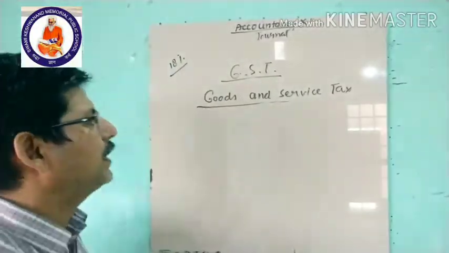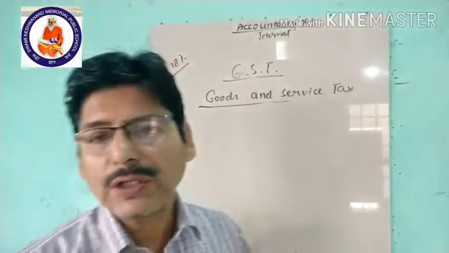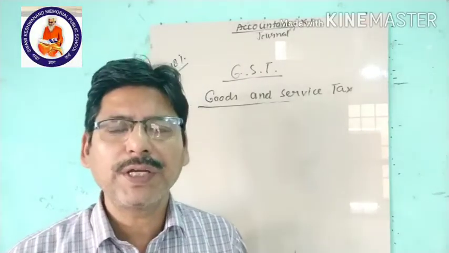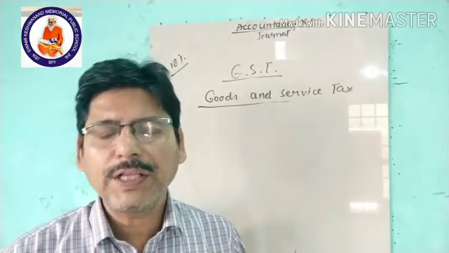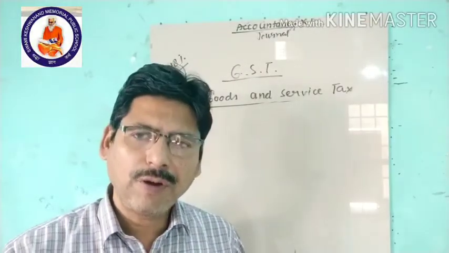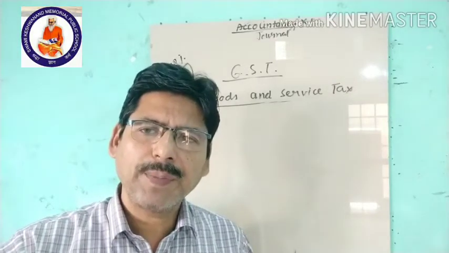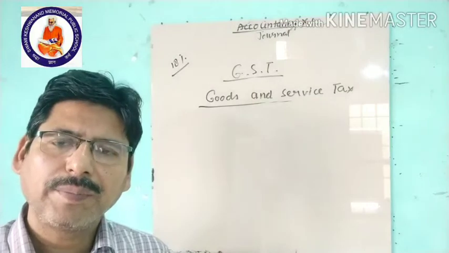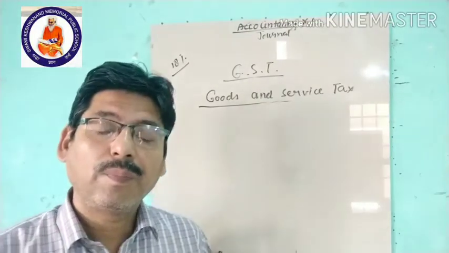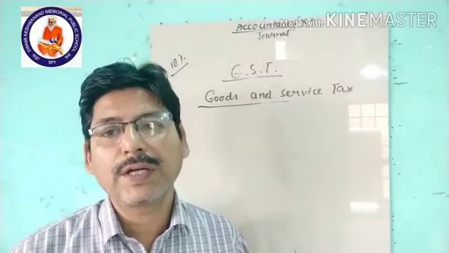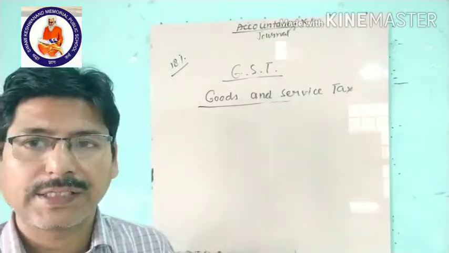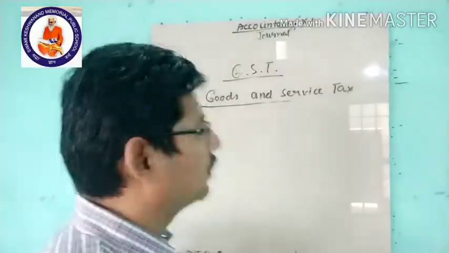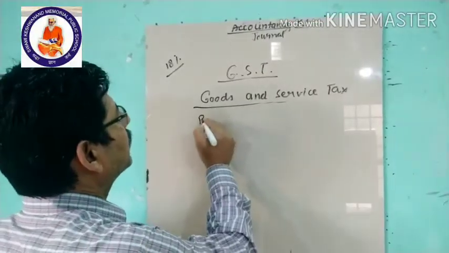So what would be the journal entry for that? Bought goods worth 50,000 rupees from Dinesh by paying by check. The goods were of the category of 18% tax. So here within the state it is bought. So here the entry is what?